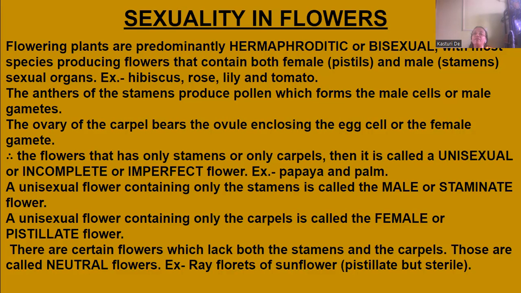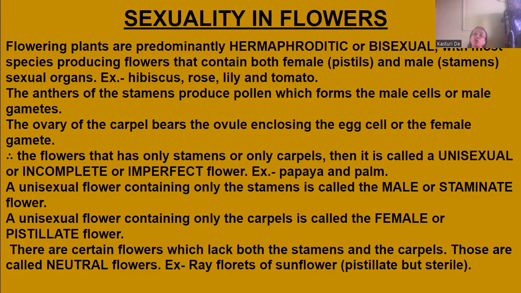Okay. The flowers that have only stamens or only carpels are unisexual. They're not bisexual, or you can say incomplete or imperfect flowers. Like papaya, palm, only the male reproductive organ, or only the female reproductive organ. Okay.